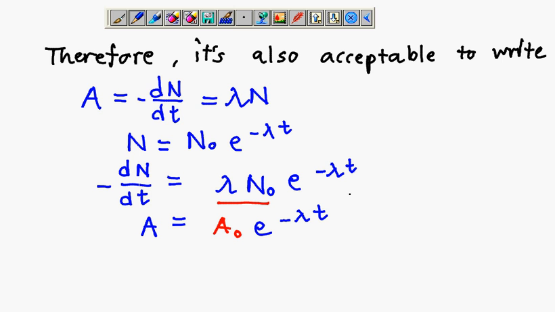So this is what we call the activity of the sample, and this is the initial activity. And this is the activity of the radioactive nuclei after some time.